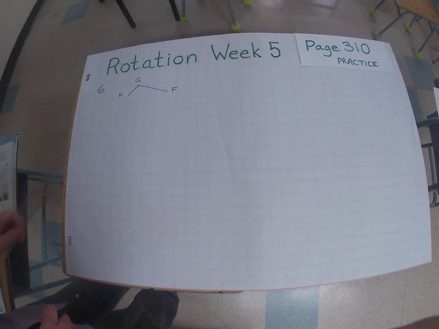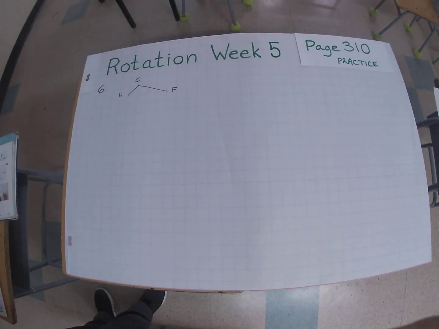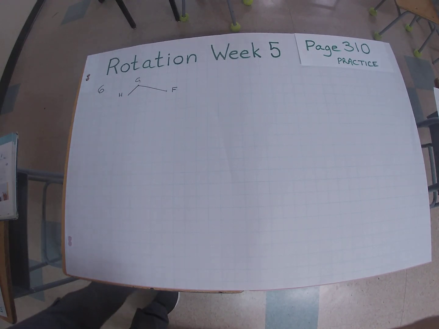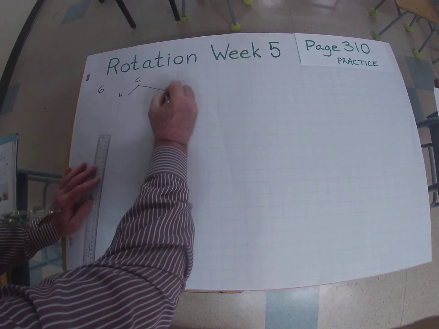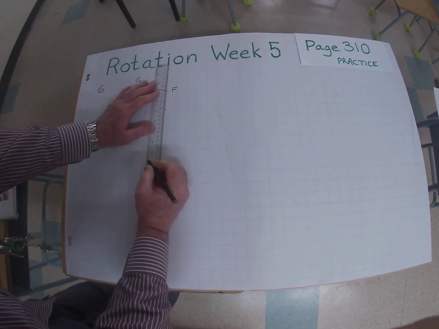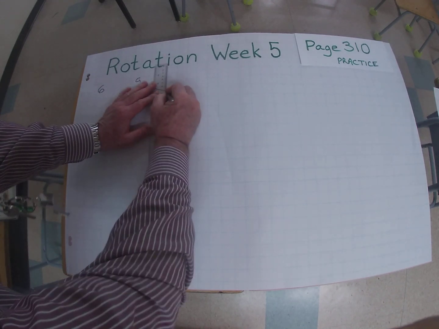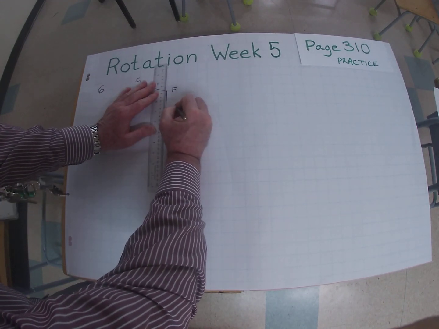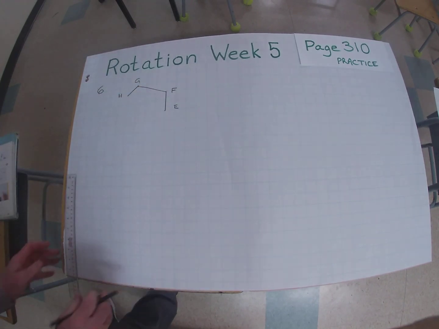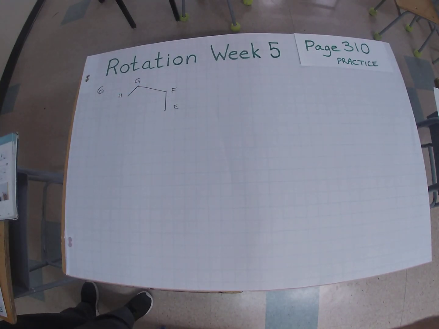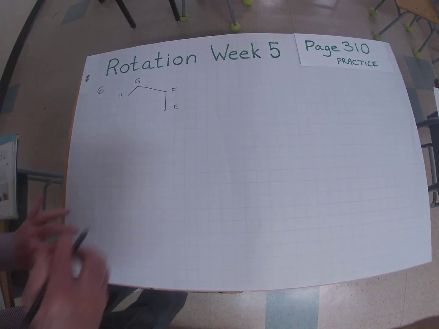There we go. F to E is no right or left, but 2 down. So 1, 2 down, right there. There is point E. E to J is 3 left and 1 down.